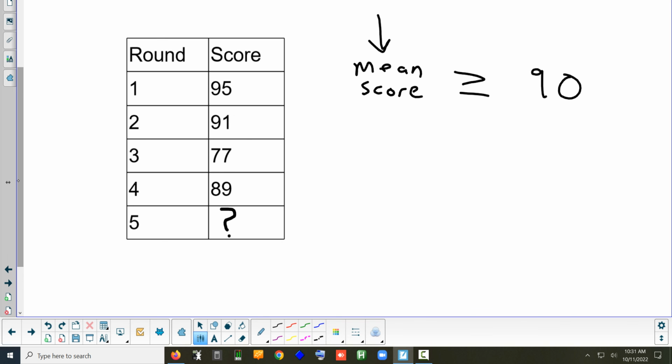Take all the numbers and do what with them first? Something else we have to do. Add them. And then how many scores do we have here, or how many will we have eventually? 5. So we need to add all these scores up.